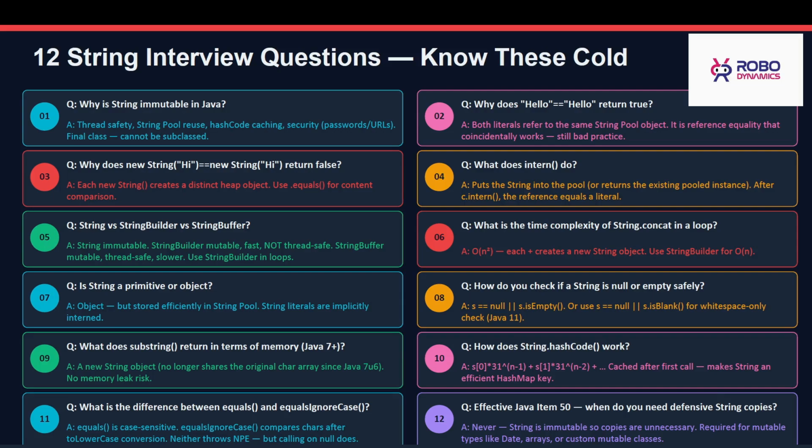Another important question is String versus StringBuilder and StringBuffer. Already we have discussed this at length. String is immutable, StringBuilder and StringBuffer are mutable, correct? String is safe in a multi-threaded environment because its value doesn't change. StringBuilder is not synchronized, so it is a much better way if you want fast performance.